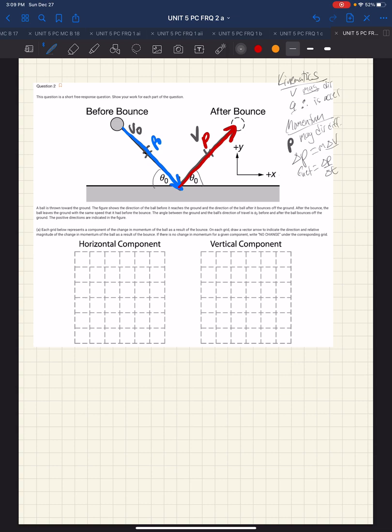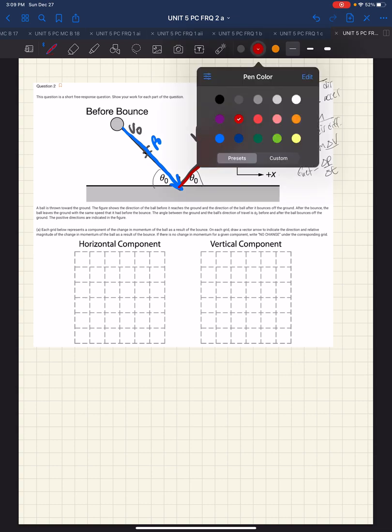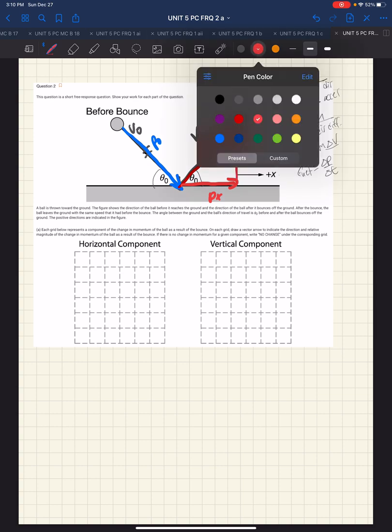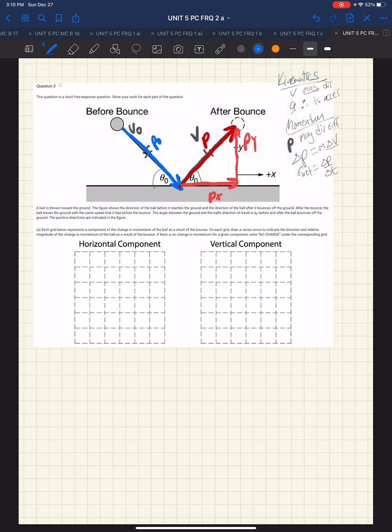Now, this is a two-dimensional problem, so we might also break the momentum into components to understand the changes a little better. For the afterward P, we have Px and Py. And for the momentum before, we have Py and Px, like so.